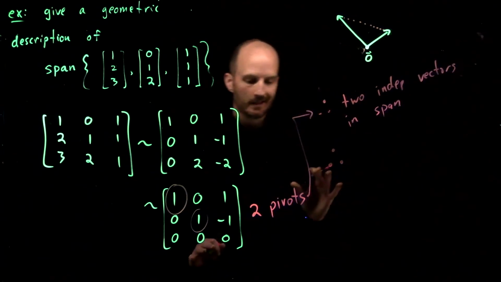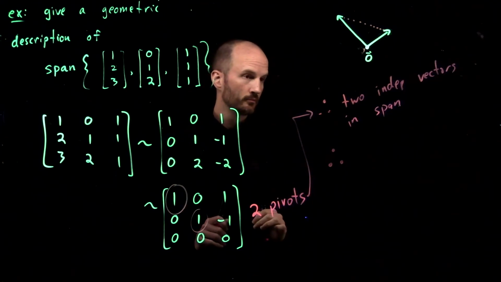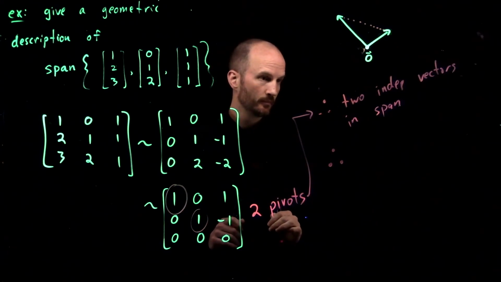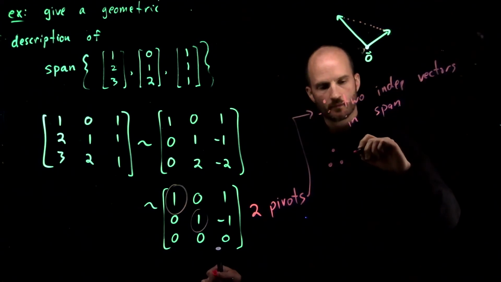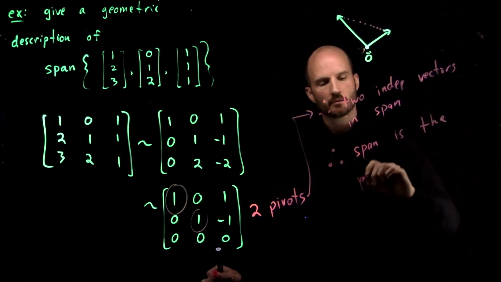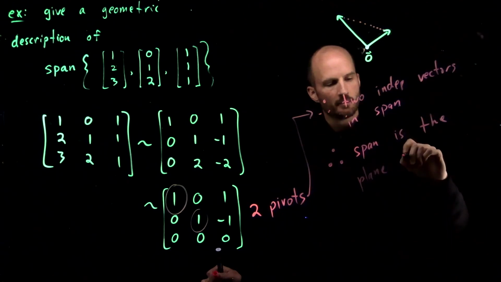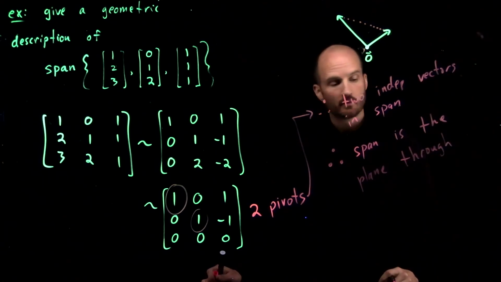So plane, number 2, two-dimensional. I can't just say plane. I would say the span is the plane. Which plane? Here. I want to specify exactly which plane I'm talking about.